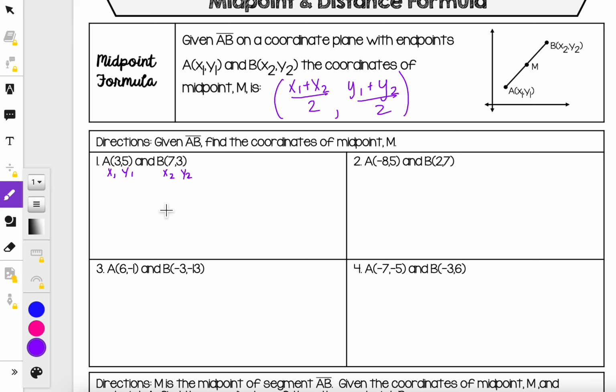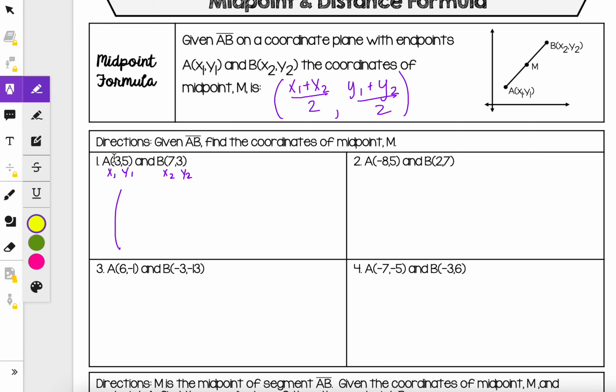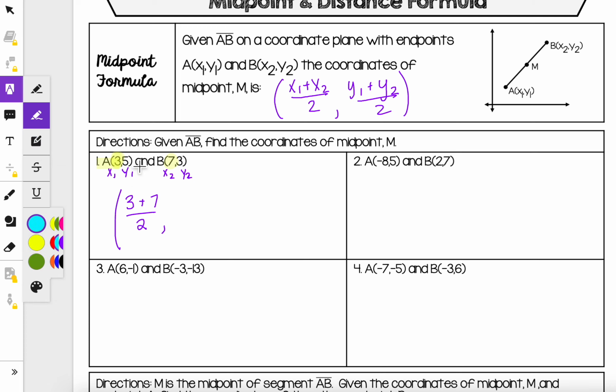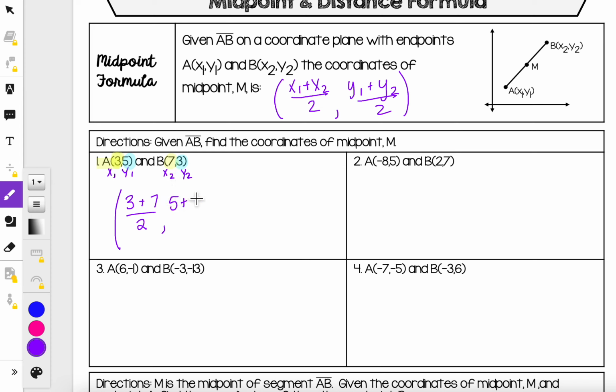So if I wanted to find the coordinates of my midpoint, for my x coordinates, I have 3 and 7. So I'm going to take 3 plus 7 and divide that by 2. And then I'm going to look at my y coordinates. So I have 5 and 3. So I take 5 plus 3 and divide by 2.